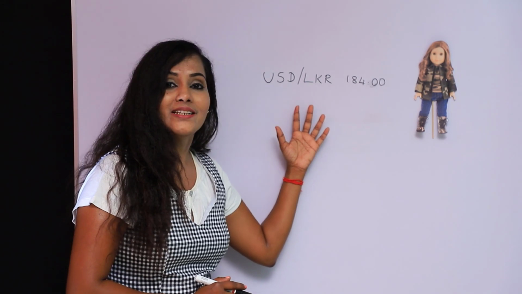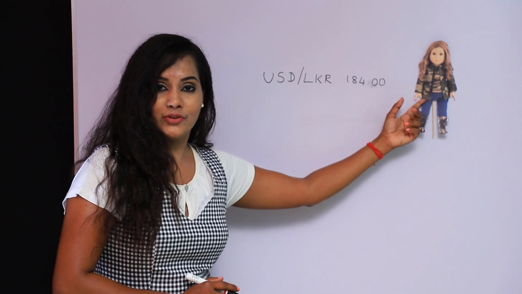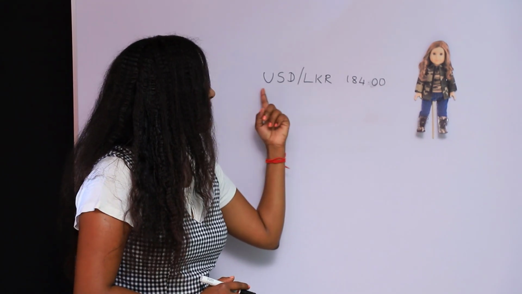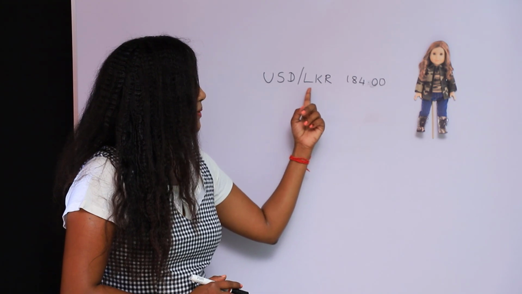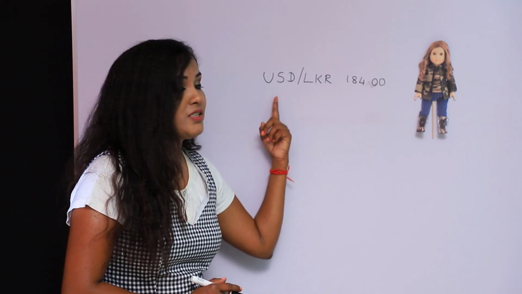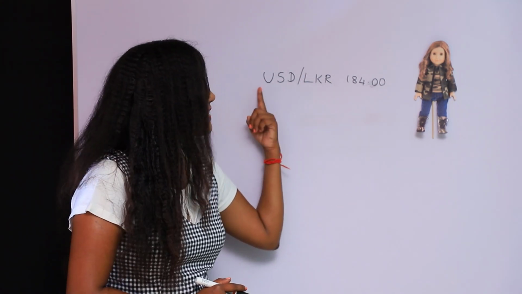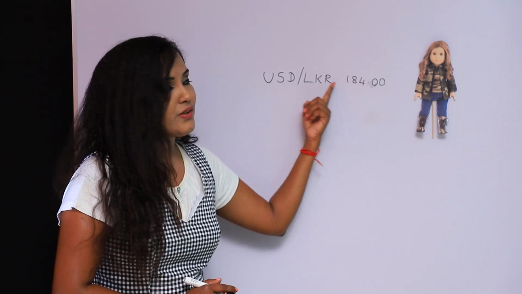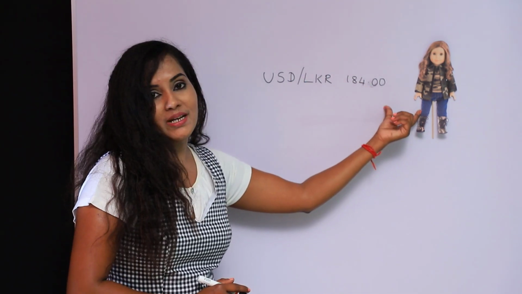However, this is the indirect quotation. The reason is, from Sarah's point of view, the domestic currency is USD and the foreign currency is LKR. But here, the domestic currency value is represented in terms of foreign currency value. Therefore, this is an indirect quotation. So let's see how many US dollars will be received by Sarah.